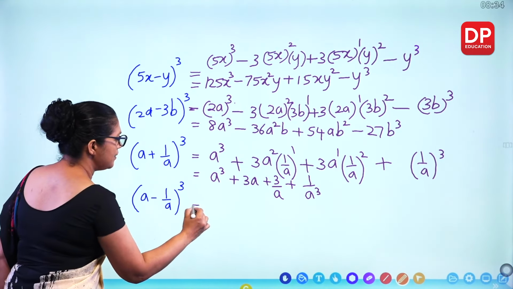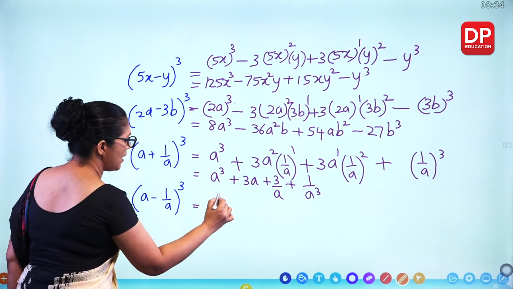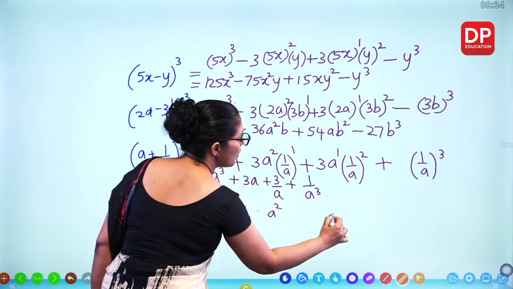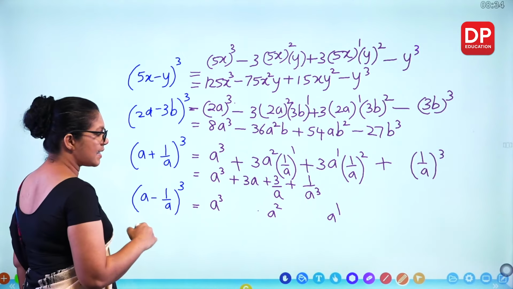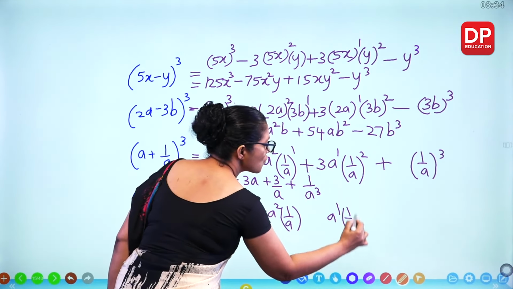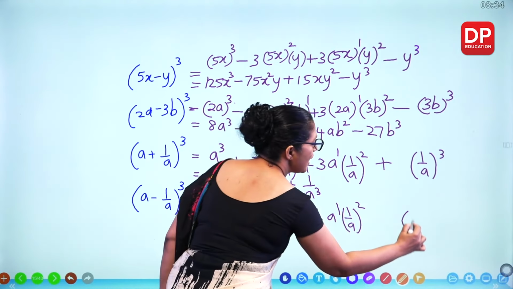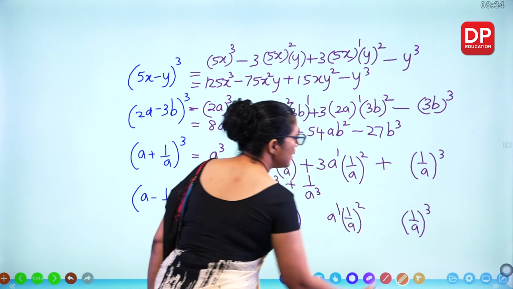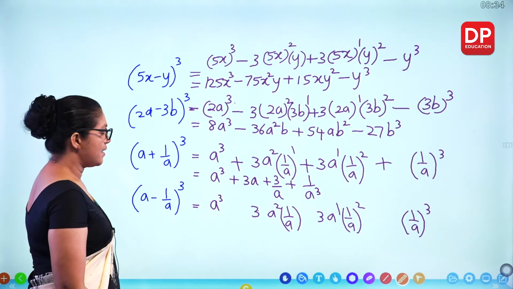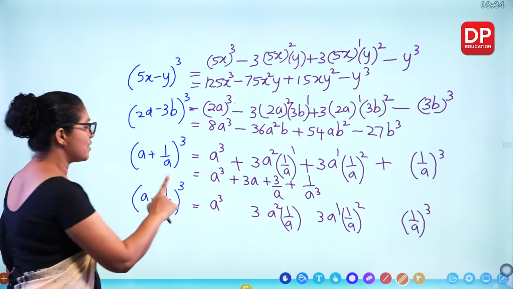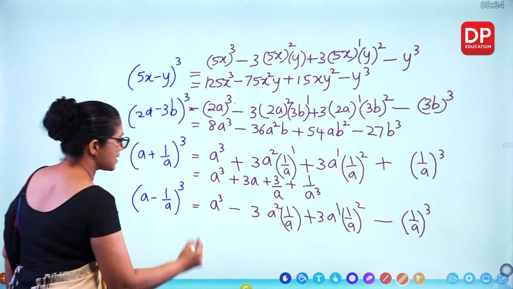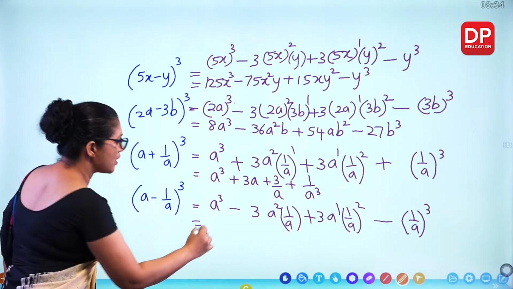This one similarly, apply the formula a3, a2, a1. What's the second term? 1 over a. 1 over a, 1 over a squared, 1 over a cube. Then what's the other one? You put 3 here, 3 there. And now the sign. First term plus, second term minus, plus, minus. Now when you simplify, what you get?